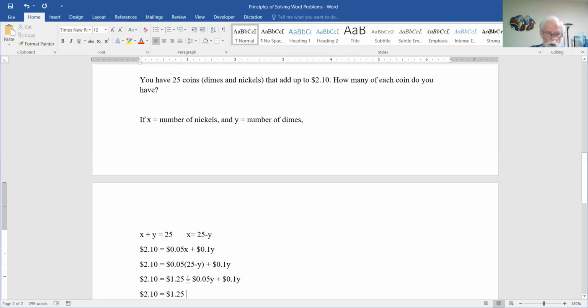So this is a subtraction. Remember, we are adding a negative number, which is subtracting. So if we add 0.1 and then add a minus 0.05, we're going to end up with 0.05y.